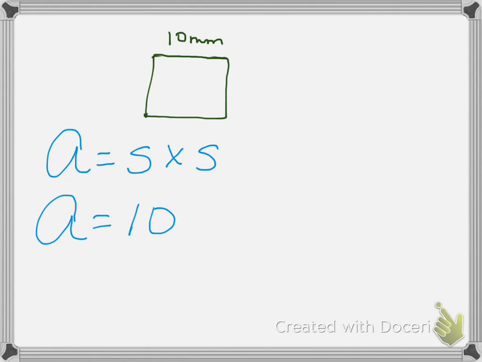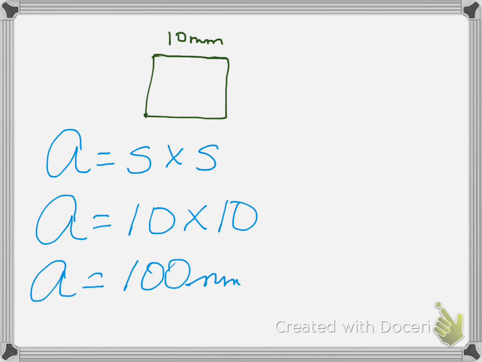Well, that would be 10 times, what's my other side? That would be 10 again. You're right. So then we'd say area equals 10 times 10, which would be 100. And then we could say millimeters. Whoops, I didn't do that M right. Squared, or squared millimeters. Okay, so not too hard.